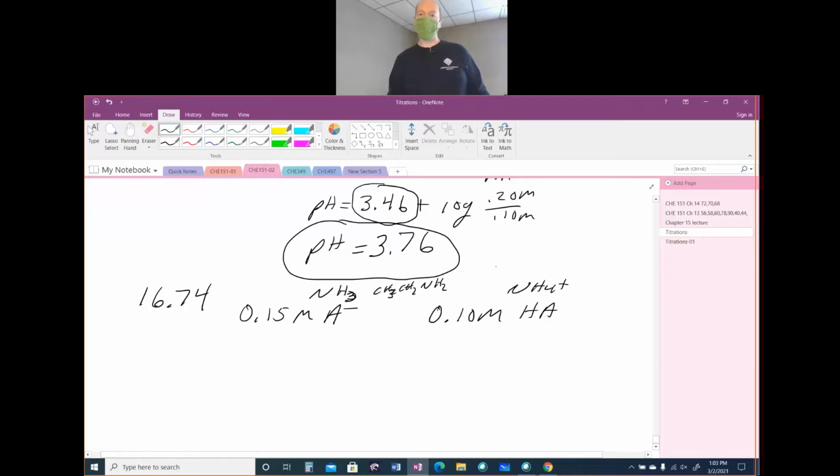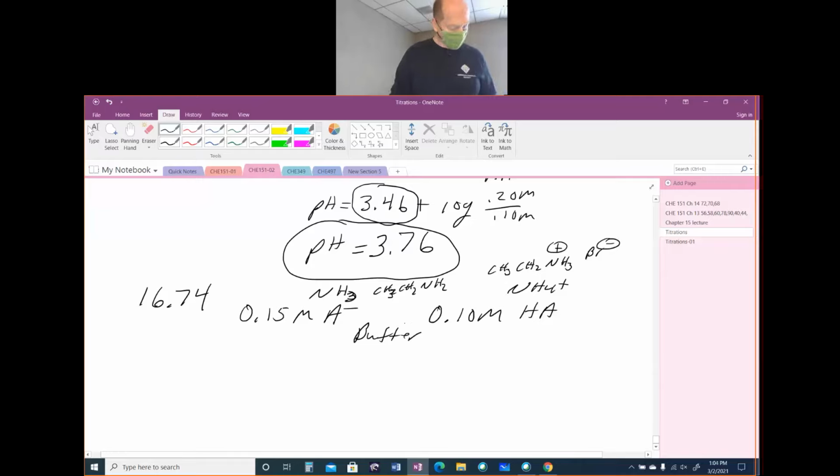And then here you have your CH3, CH2, NH3 plus, and your Br minus. Since bromine is the conjugate of a strong acid, the Br minus has nothing to do with this problem. So you should recognize that you have a base and its conjugate acid. So here you have a buffer.